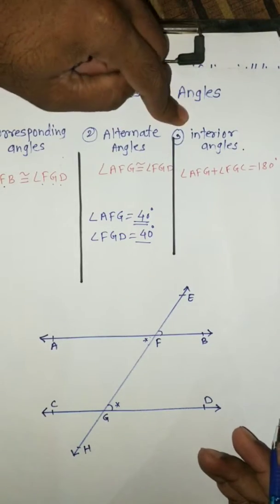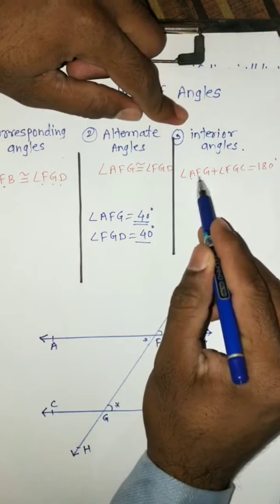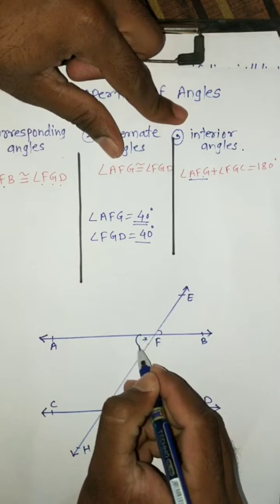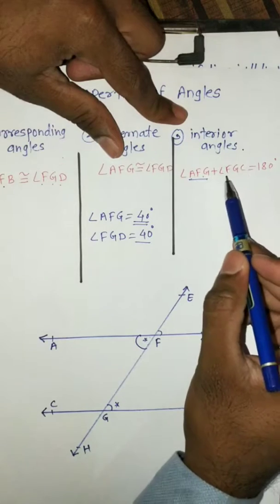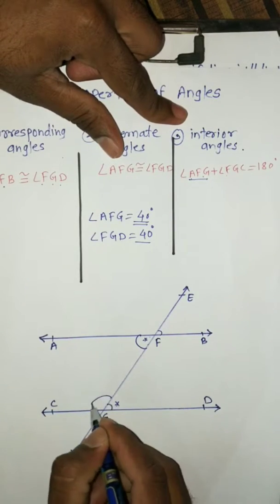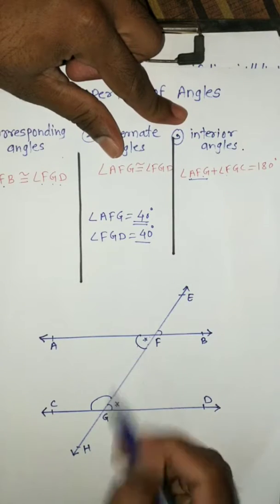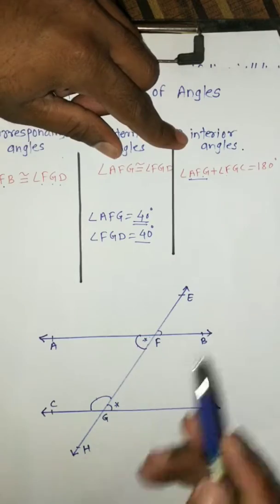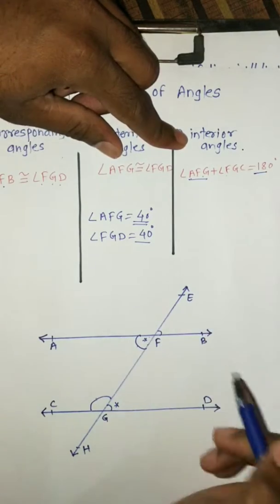But the interior angles, like angle AFG and angle FGC, these two angles are interior angles and the sum of these two angles is 180 degrees.